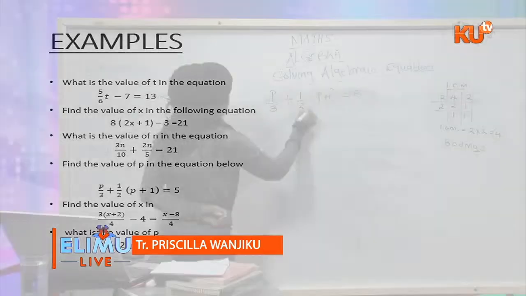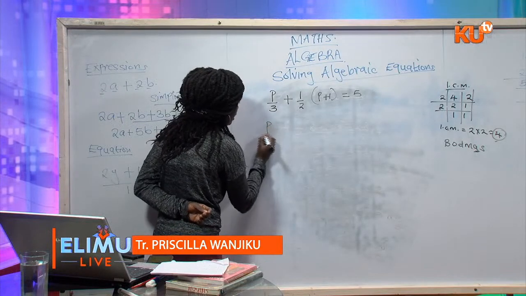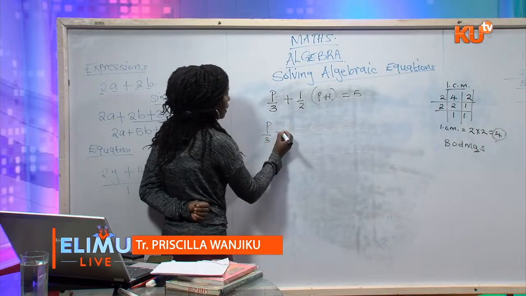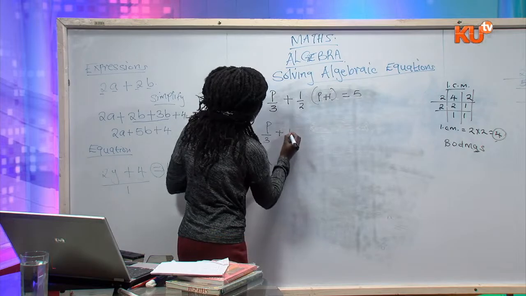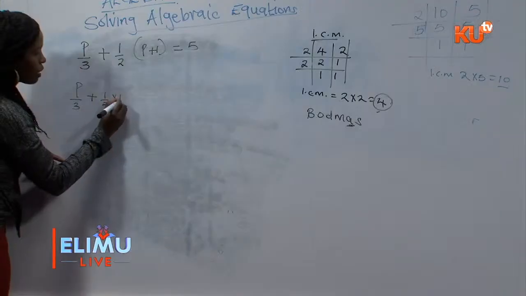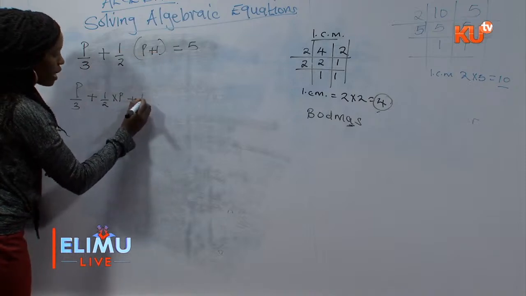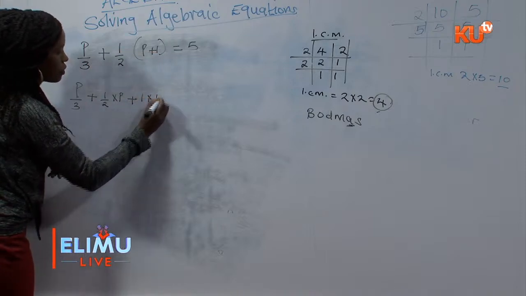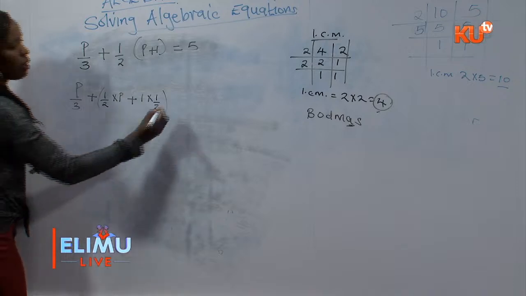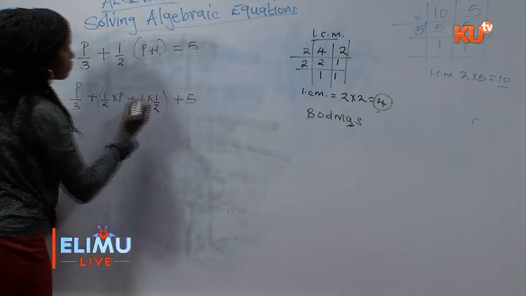So you open up the bracket here. This P over 3 is going to remain, plus I take a half, I multiply by P, plus 1 times a half.